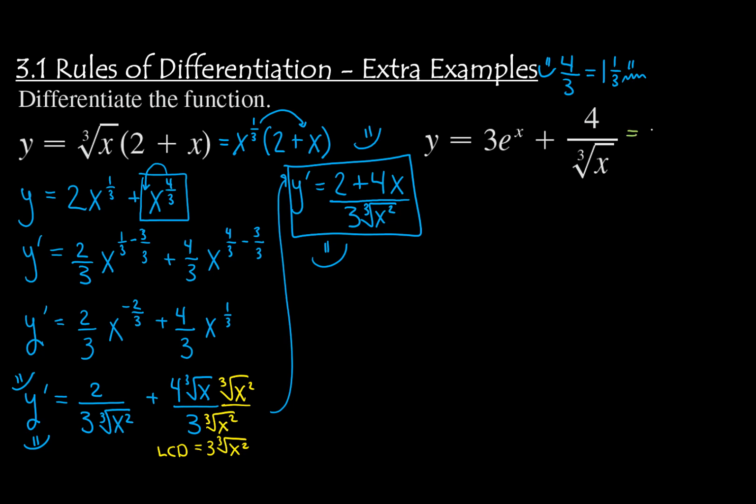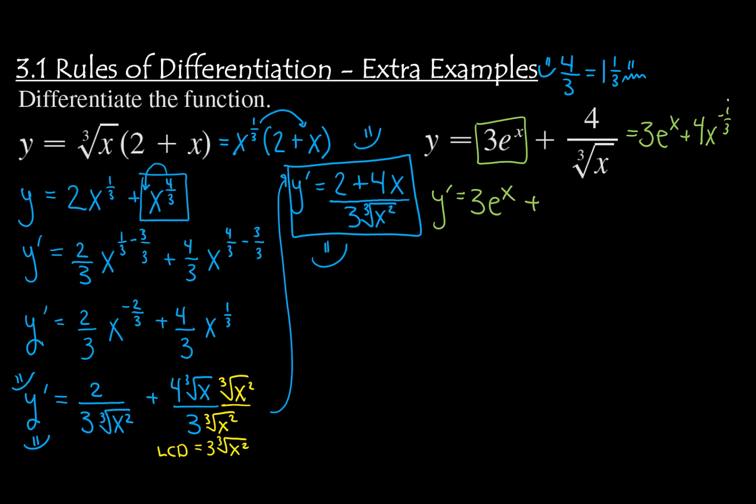Okay, for the next one, I'm just going to rewrite that cube root of x in the denominator as x to the negative 1/3, and then I'm going to take the derivative. When I take the derivative of the first thing, e to the x goes along for the ride, and the 3 goes along for the ride. The derivative of e to the x is e to the x, so I'm just going to leave it.